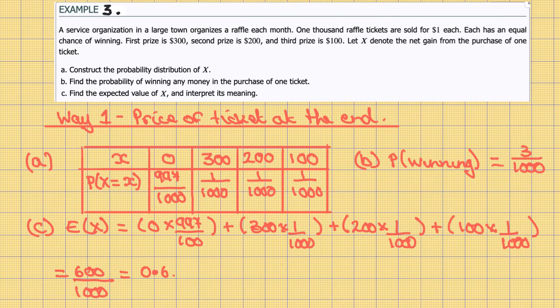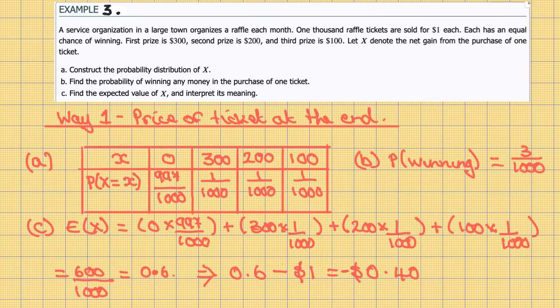C, therefore the expected value is equal to 0 times 997 over 1,000 plus 300 times 1 over 1,000 plus 200 times 1 over 1,000 plus 100 times 1 over 1,000, which equals 600 over 1,000, which equals 0.6. Now we need to subtract the price of the ticket, $1.